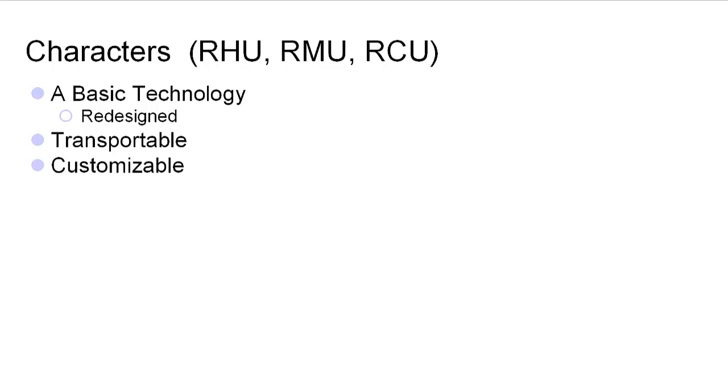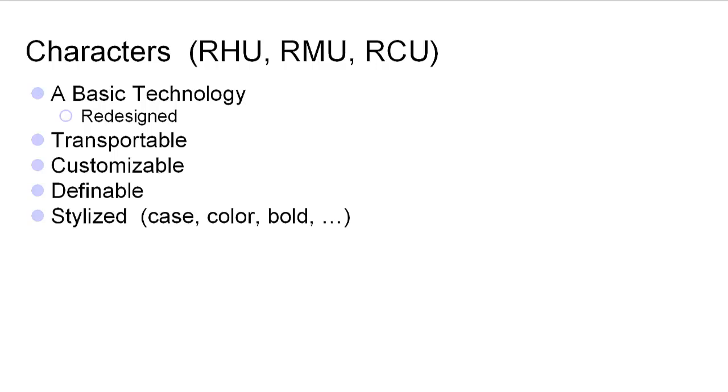It should be customizable so everybody can create their own specific characters if they need to. Should be definable, meaning I put this character in there, and I need to give you all the understanding that I have or the system has about it. And every character should be stylized in any form. So, like I said, this is a basic technology. It should be stylized.